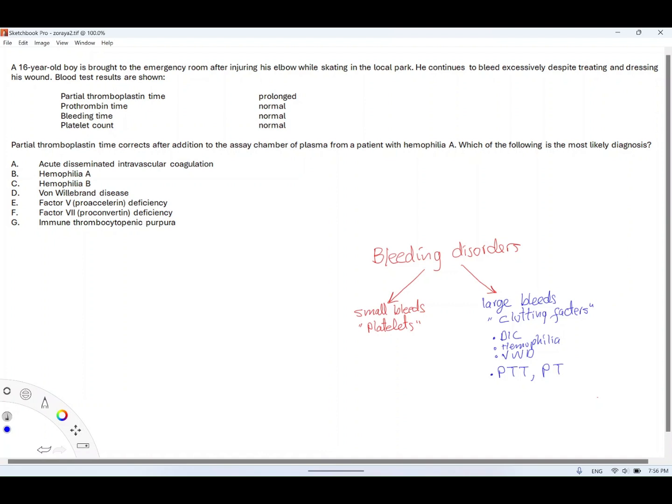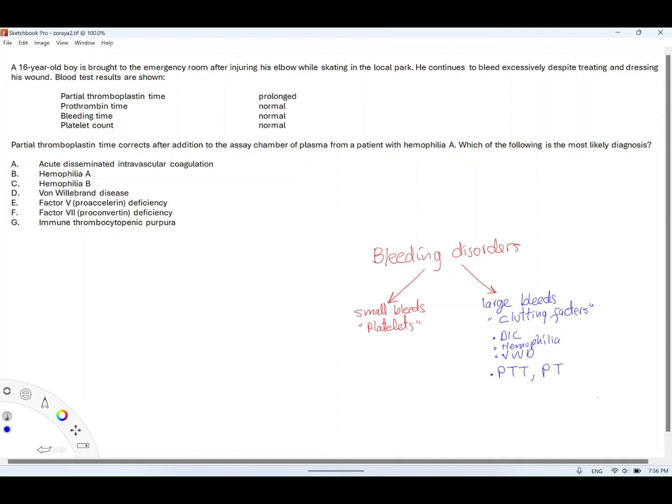So how do you activate thrombin? Remember, prothrombin is converted to thrombin, and in that sense we have fibrin, the end product. How do we convert fibrinogen to its active form, fibrin? It can be done by activation through the extrinsic pathway or the intrinsic pathway.